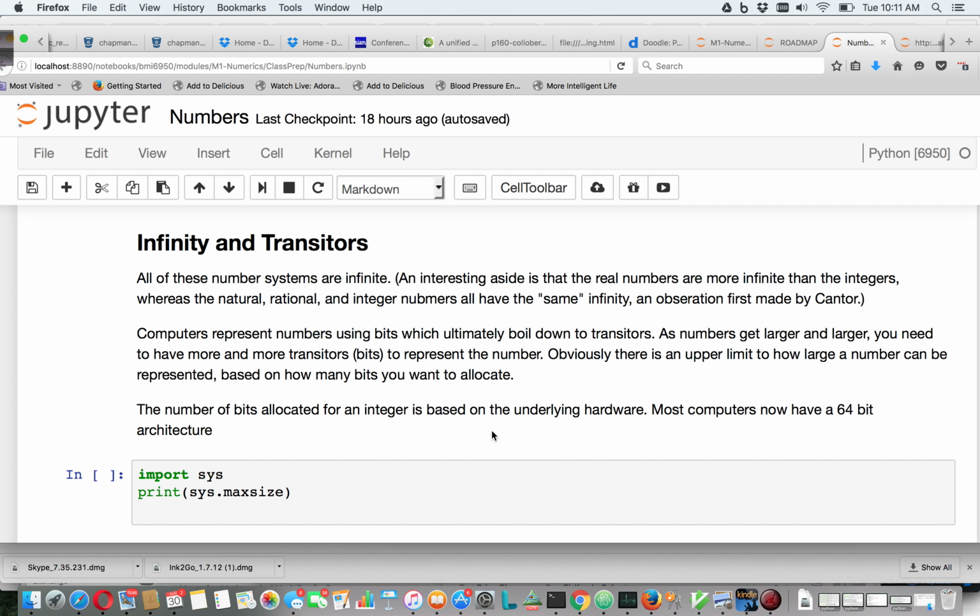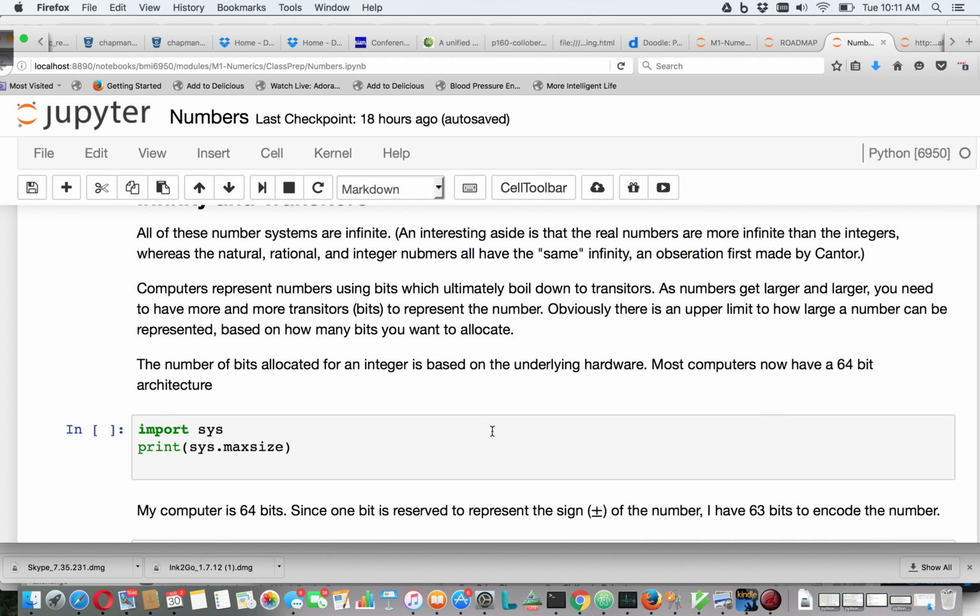We cannot, however, represent infinitely large numbers in our computers, because the way we represent numbers in our computer is with a transistor, a piece of electronic device that is either kind of a 0 or a 1. And so because we only have a finite number of transistors in our computer, there's only a finite number of finite sized numbers that we can represent in our computers.